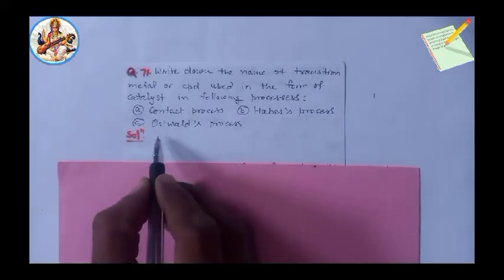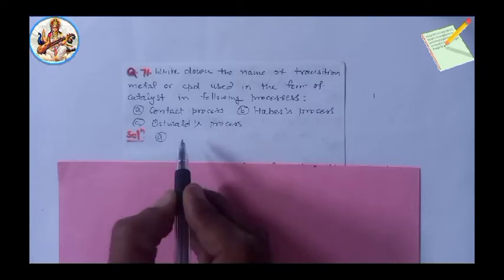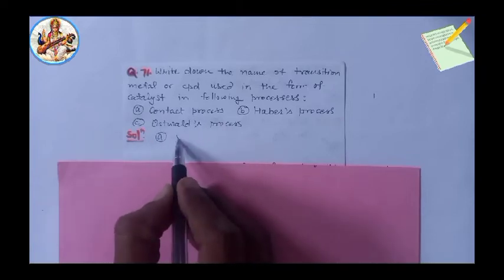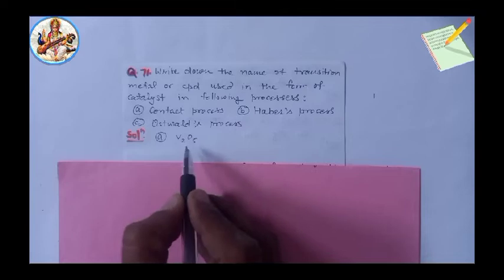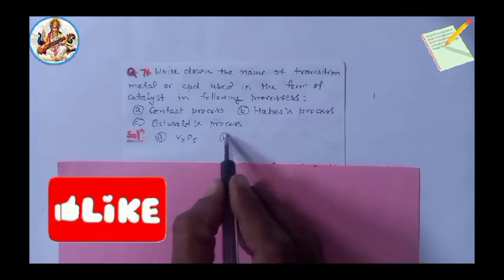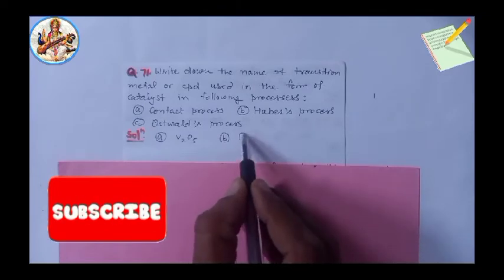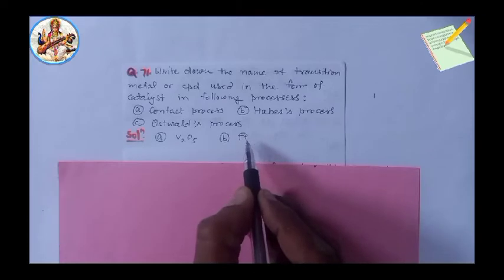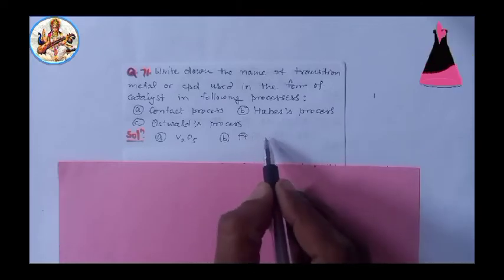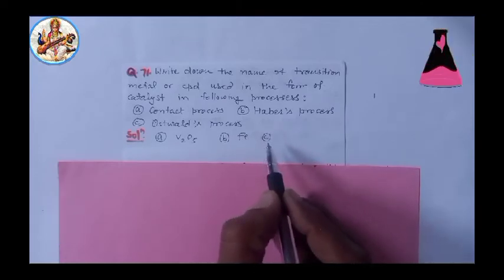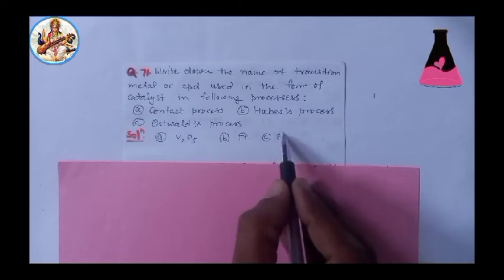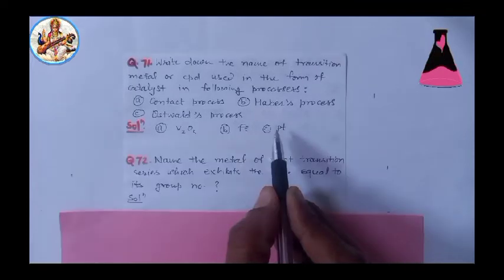So the answer will be: in the contact process, vanadium pentoxide is used as a catalyst. In the Haber process, Fe, iron, is used as a catalyst, and in the Ostwald process, platinum is used as a catalyst.